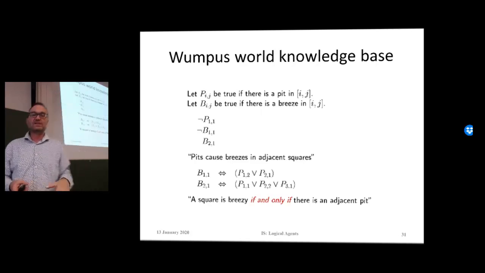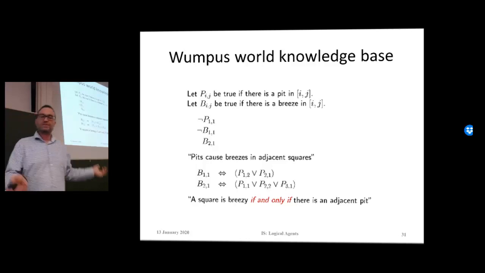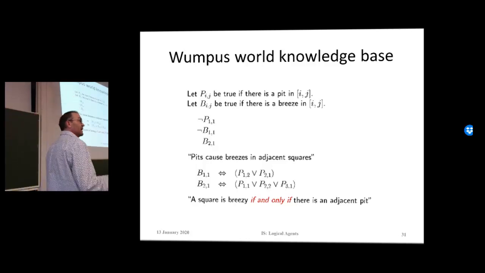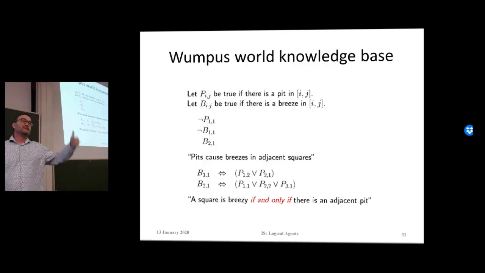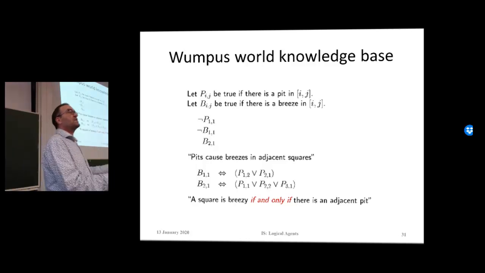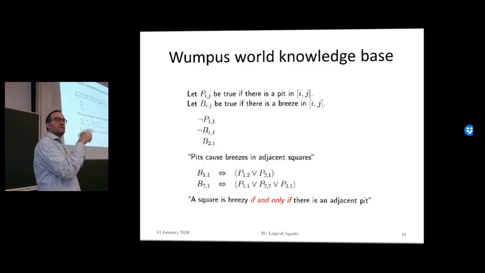So the idea is that we have different types of observations and facts about the game that we can put in our knowledge base. And the set of propositions is just that you say there is a property of the environment plus the position in which this holds.